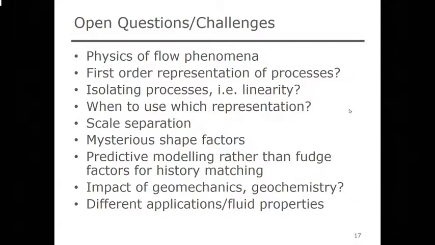What about the mysterious shape factors that are occurring in typical modeling approaches? And can we be predictive rather than having a fudge factor for history matching? And then going further and further and including more and more physical and chemical processes.